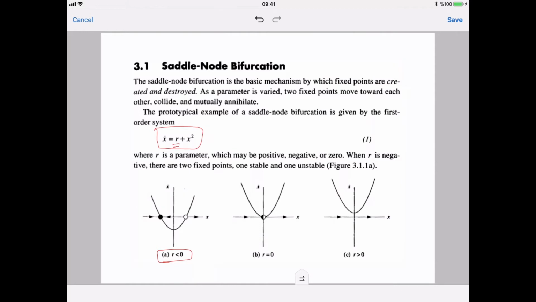You have a plot that crosses the x dot equals 0 line twice, right? One of them is a stable point, the other one is unstable.